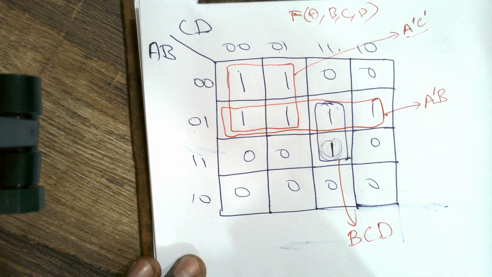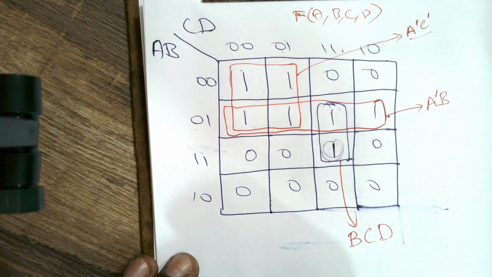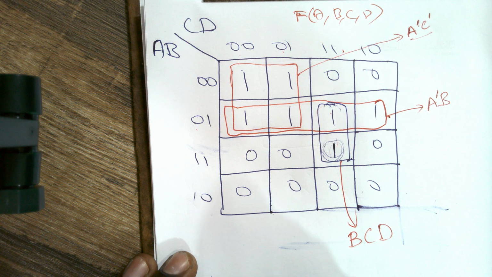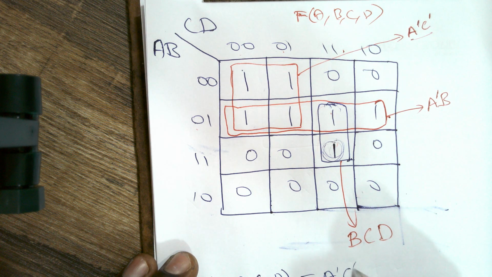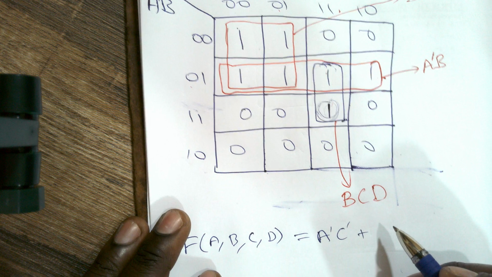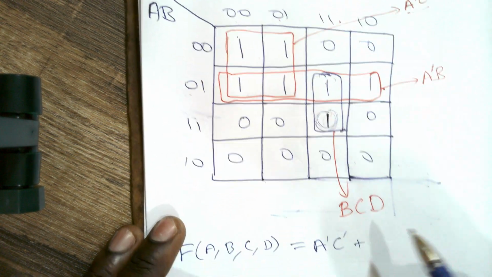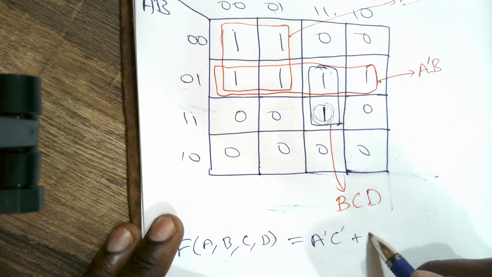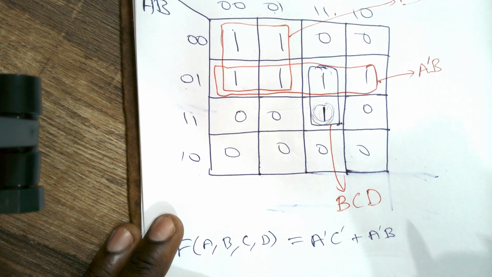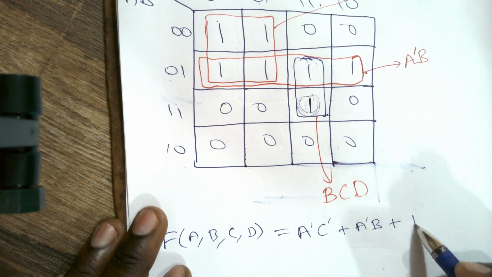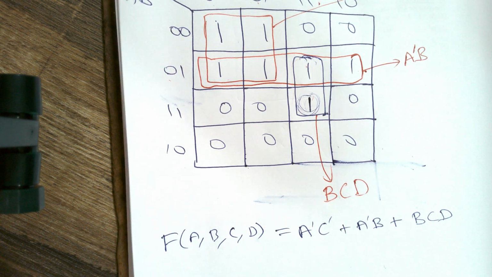So therefore, our minimum sum of product expression, F of A, B, C, D, is equal to A prime, C prime, which is this one here, plus A prime, B, plus B, C, D. And that's the minimum sum of product expression.